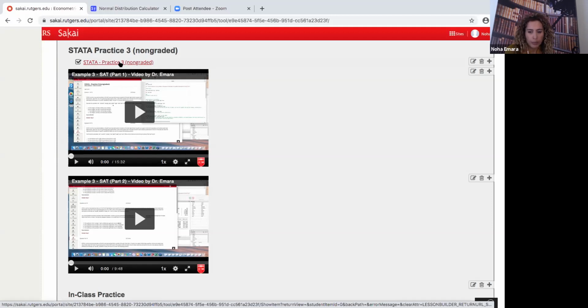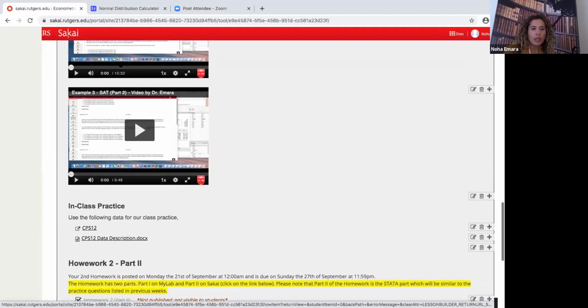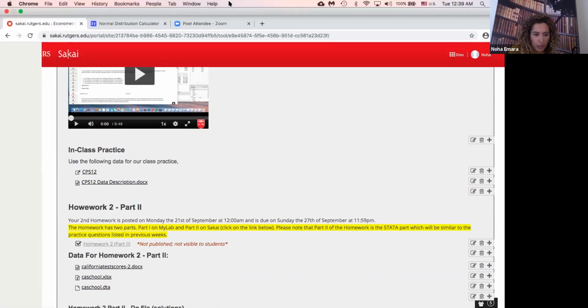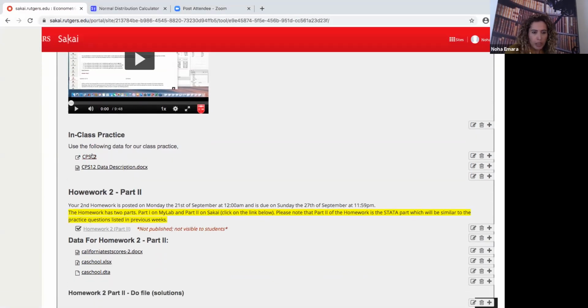Today we're going to have a practice during our class, and I sent you by email the CPS 12 dataset, which is the Census Population Survey of 2012. Many times when I post datasets on Sakai, it doesn't read them, so sometimes when you click here, you will not be able to get the file.